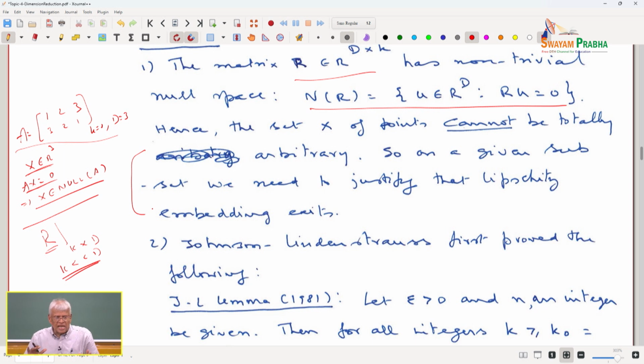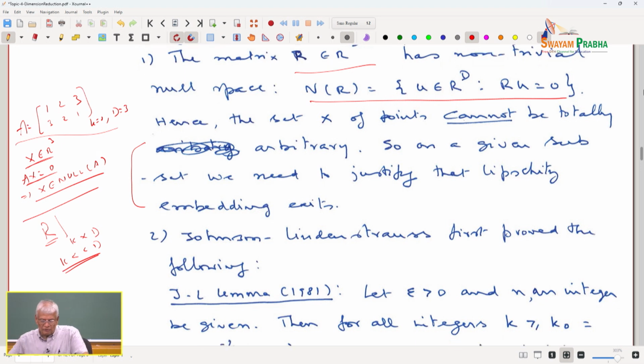Just think of the case: if I pick n points in the subspace which is the null space of A, all the points will be mapped to 0, in which case we cannot realize the near isometric embedding. So that's something we need to keep at the back of our mind.